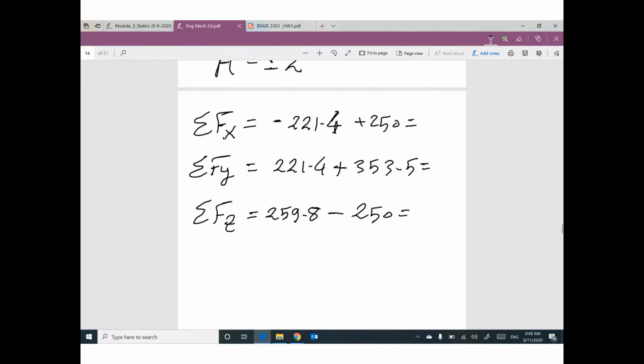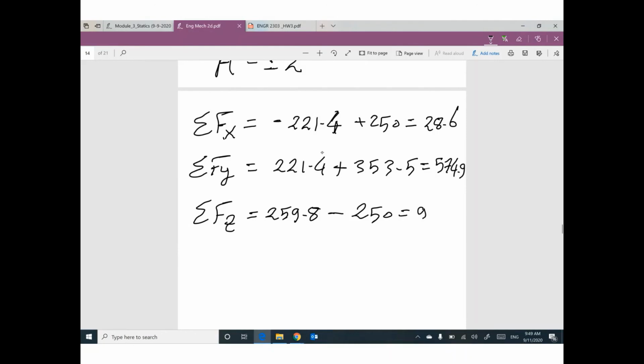Negative 221.4 plus 250, this value equals 28.6. 221.4 plus 353.5, this value equals 574.9. 259.8 minus 250, this value is 9.8.